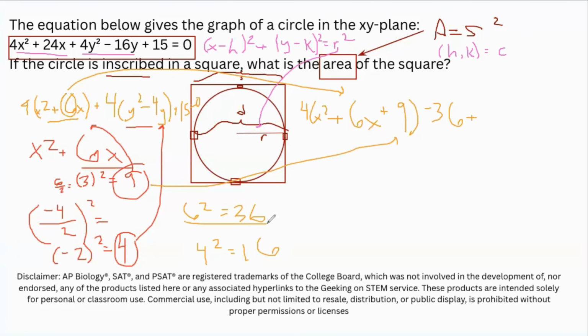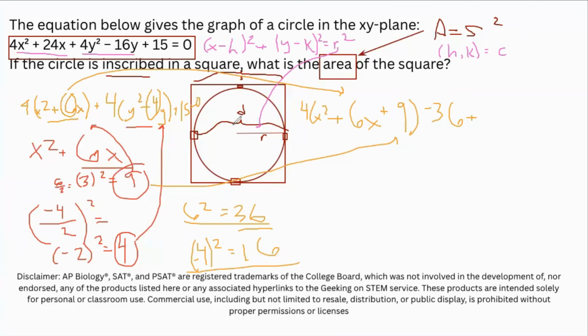So I had 6 squared equals 36. I had the negative 4, but we know that negative 4, positive 4, it doesn't matter. It gives you a positive value. And then I'm subtracting it because this is all equal to 0. I have to bring it over to the other side. Whatever I do to the right side, I have to do to the left side.